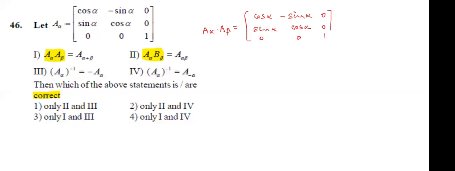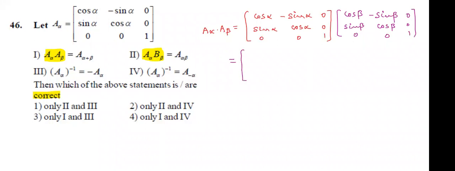A beta means just replace alpha with beta: cos beta, minus sin beta, 0; sin beta, cos beta, 0; 0, 0, 1. Now multiply these two matrices.